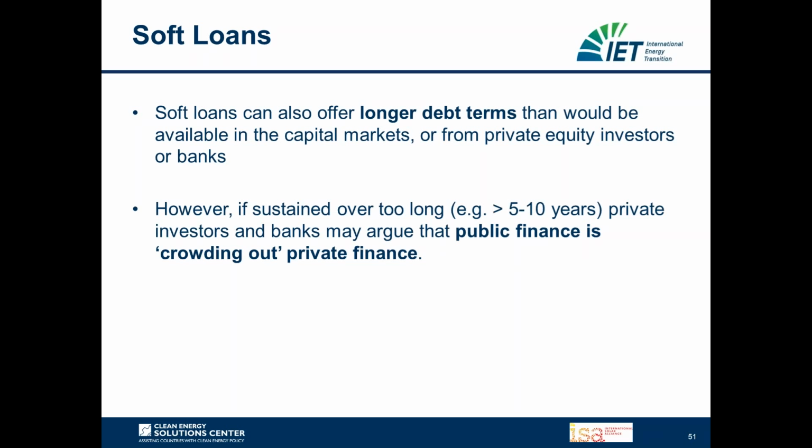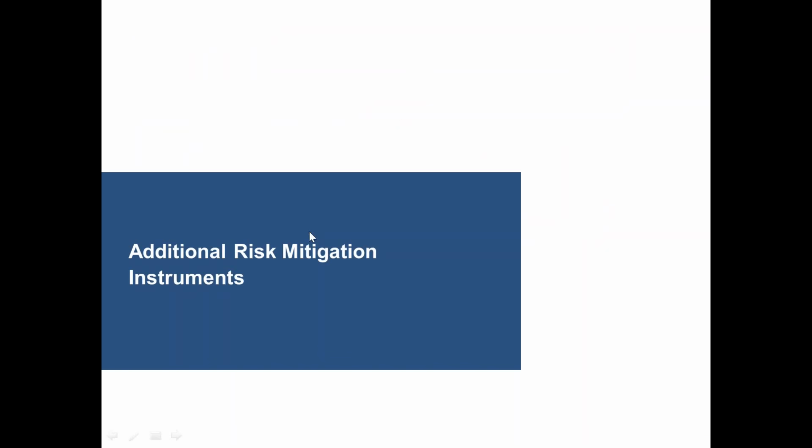By offering soft loans through state-owned banks, you've actually created a situation where private banks will then follow the lead and also adopt similar attractive loans, because they see that renewable energy projects, PV projects, are not as risky as previously assumed, and also having a first pipeline which is financed by soft loan backed projects can also help to reduce the overall perceived risk of this technology, solar PV.